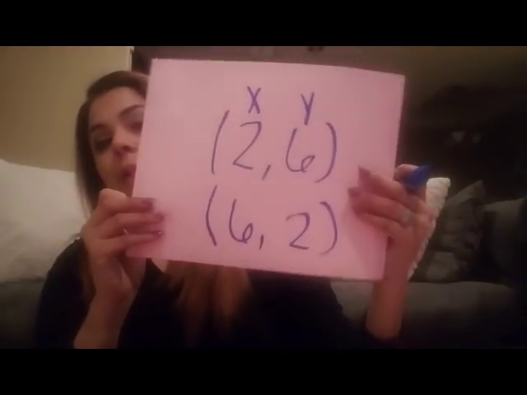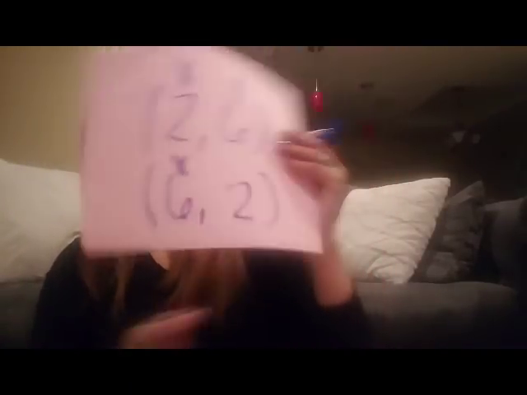So again, my first number is 6. And let me do this again over here so that you can understand. Okay, so these are two opposite ordered pairs. Now, again, the first number is always going to be on my x. And the second number is always going to be on my y. So again, they have switched positions here.